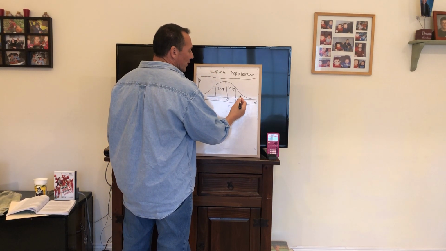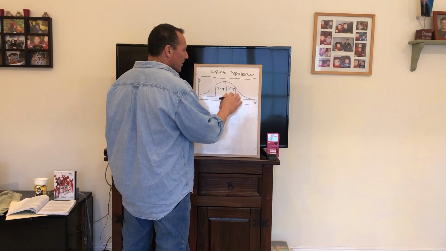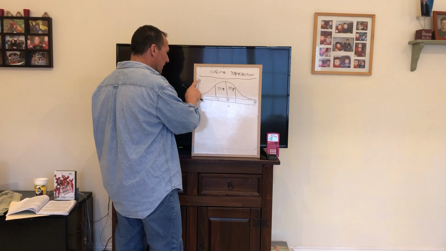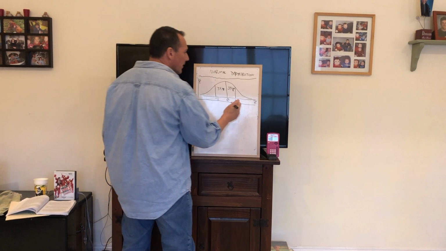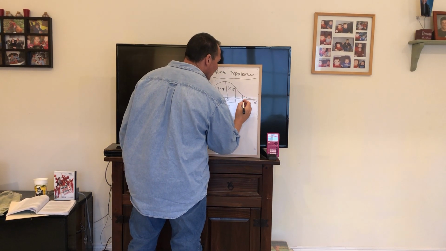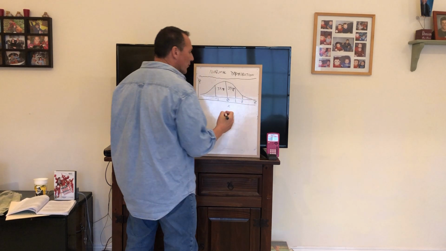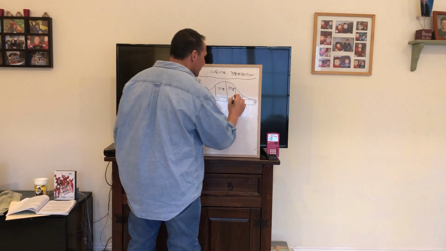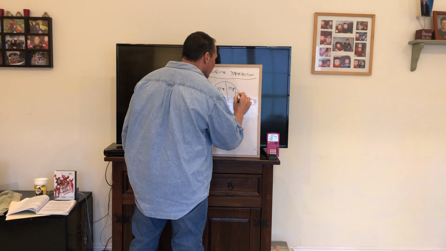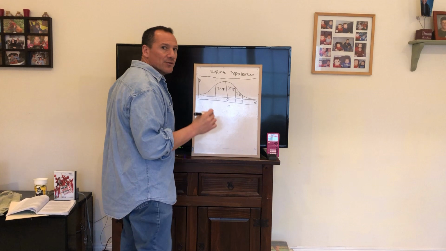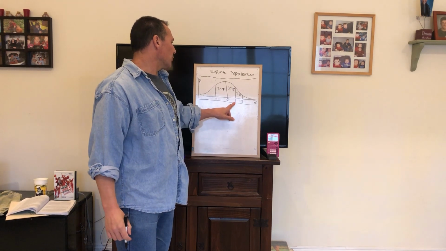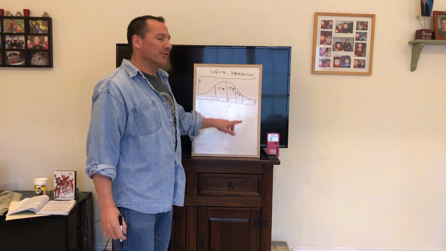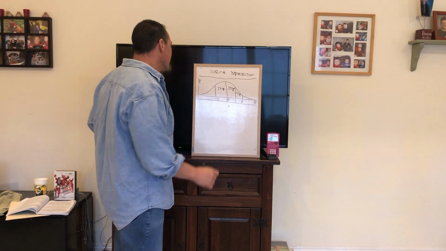As we move further away from the mean, the curve gets lower. The curve gets lower means we're getting lower in probability. And so over here, I'm going to put a z of 2. Approximately 14% of a normal distribution is between one standard deviation above the mean and two standard deviations above the mean.